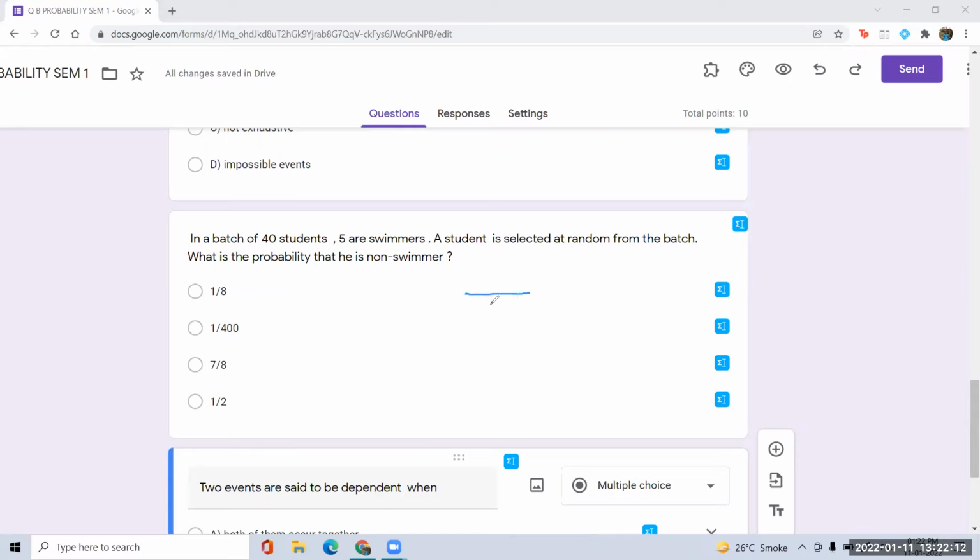So in the denominator, I have 40 students and in the numerator, non-swimmers, because I want probability of a non-swimmer. So how many non-swimmers are there? 35 non-swimmers are there. And therefore, the final answer is 7 upon 8. This is the correct answer. Thank you.